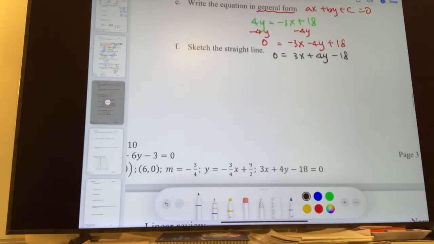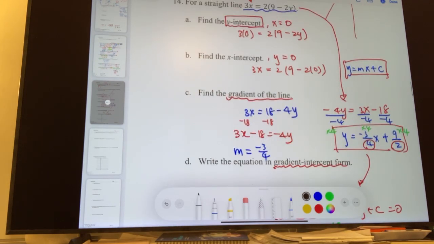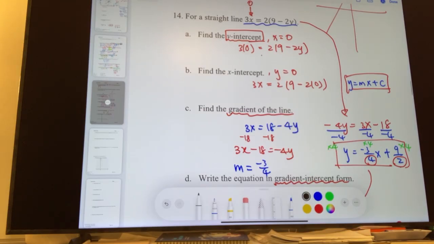And the last one is the sketching. Because you already know the intercepts, which are these 2 points. When you have part A, you get 0 equal to 9 minus 2y. So 9 minus 2y equal to 0. So plus 2y on both sides, that means 9 equal to 2y. So y equal to 9 on 2.